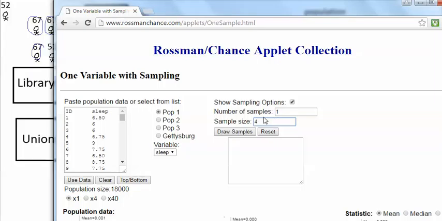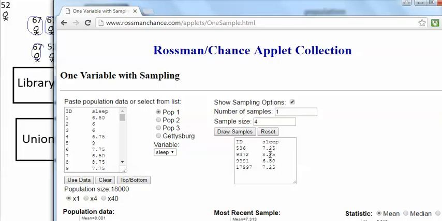So let's say I want one sample of 4 people. It'll actually take a sample of 4 people, and it'll actually give me my data set. So this is just like if I had actually selected 4 people randomly from the population and given them a survey and recorded how many hours of sleep they're getting each night.